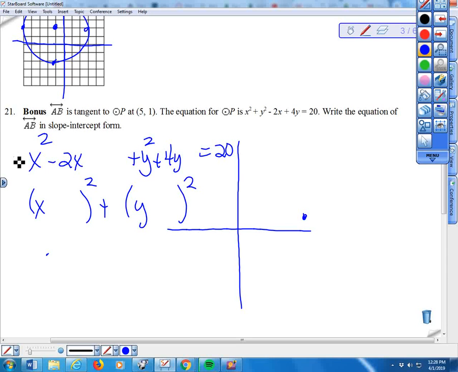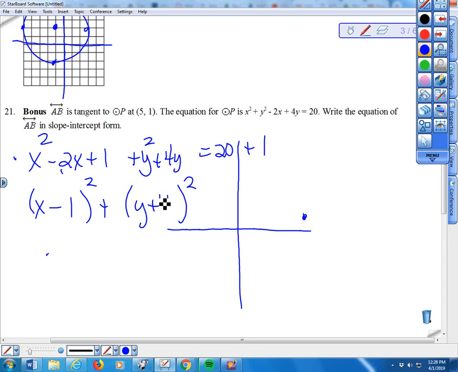So to figure out how to put it here, I take half of this, which is -1, and square it. So this becomes x minus 1 squared. But I can't just add 1 to one side and not the other, so I have to add it to the other side. I'm going through it quickly because if you don't know how to complete the square, you wouldn't have been able to do this. Half of 4 is 2. 2 squared is 4.